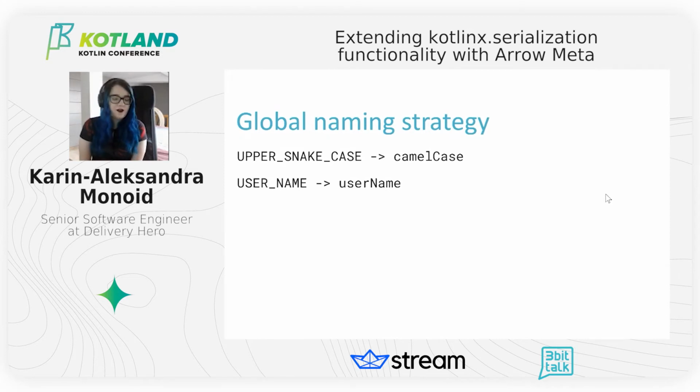So when you have a variety of multiple naming strategies across your projects in your department, you have to somehow match them. So for example, rename the uppercase USER_NAME with an underscore to userName in camel case.